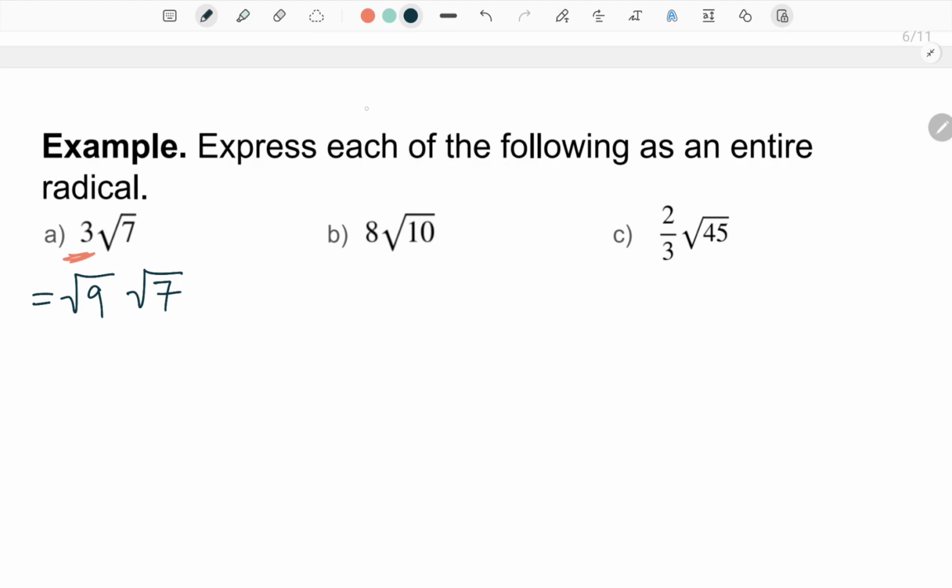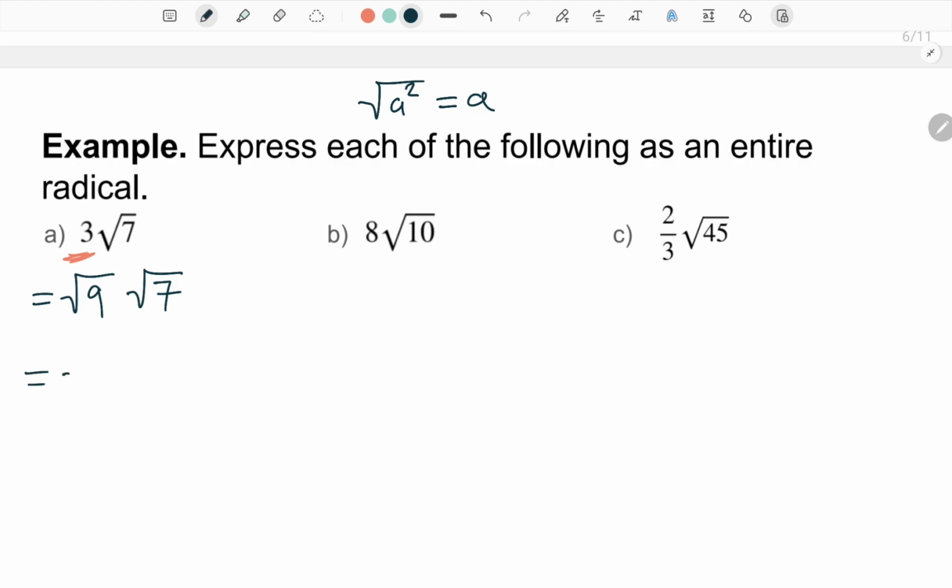And that's actually making use of, we're kind of in disguise using this rule, the last one that was written there: a number squared and then square rooted is just the original number. Well, the square root of 9 is just 3, because that's 3 squared.